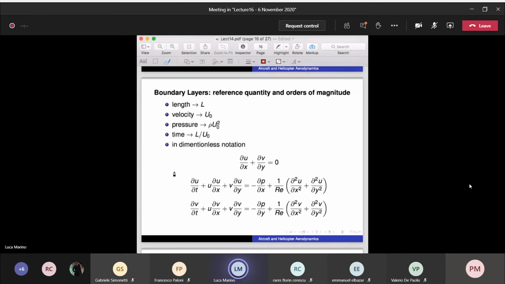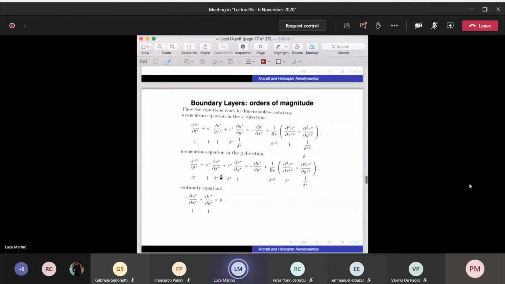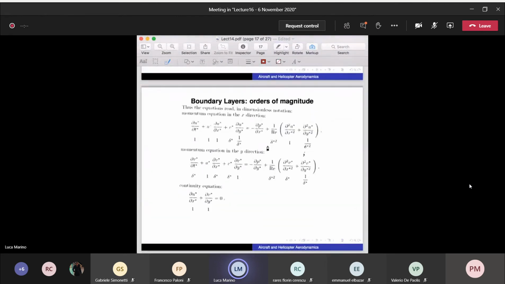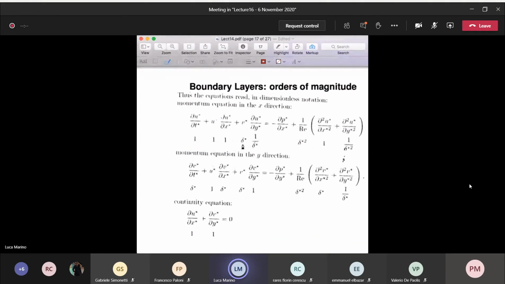Now, we have to repeat the same things for the boundary layer. What is the difference? The difference is that we do not have one unique scale. Here, the scale in x, L, is named 1, and this is delta star.